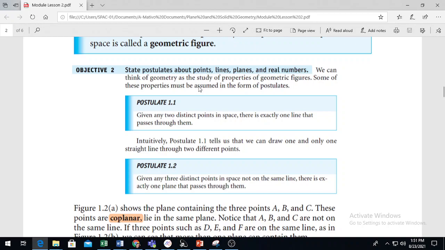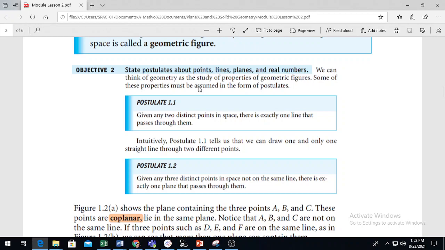Given any two distinct points in space, there is exactly one line that passes through them. If you are curious, you can put two dots on your paper and try to make a line which passes through both of the points, and see how many lines you can create, because postulate 1.1 says that there is exactly one line that passes through two distinct points in space.